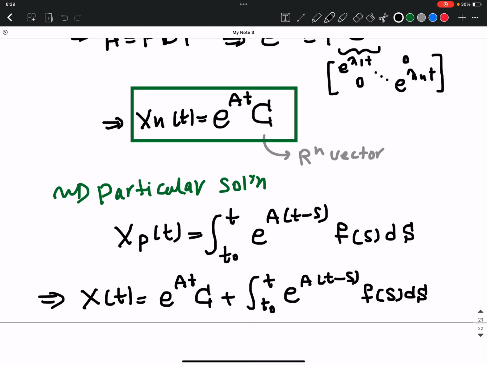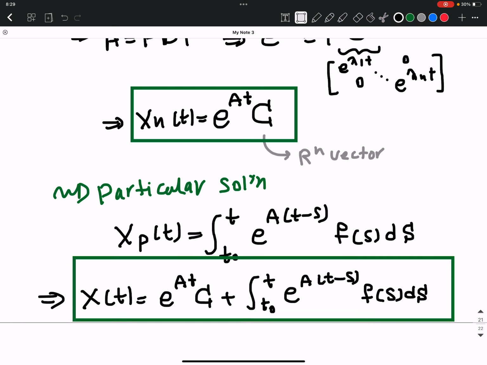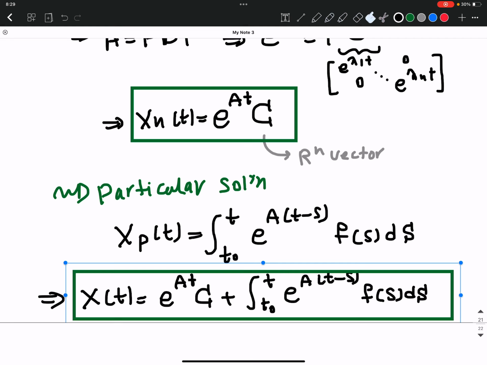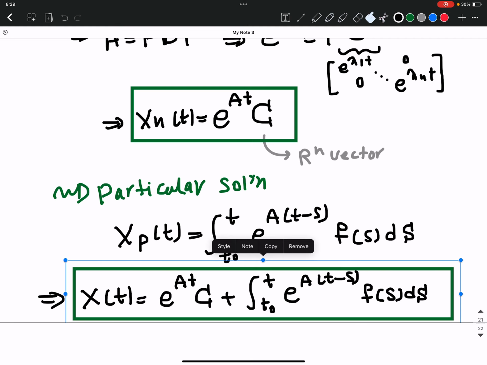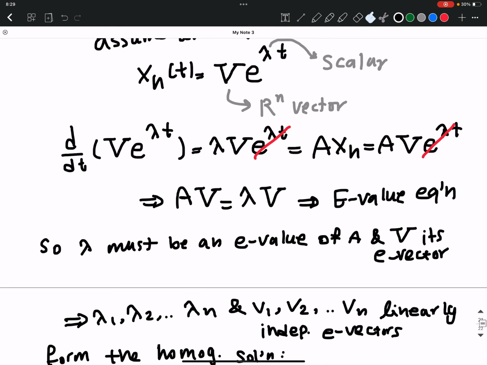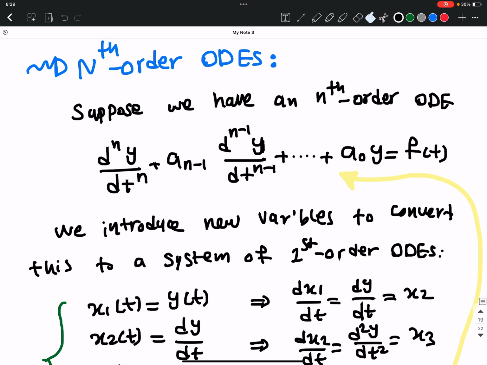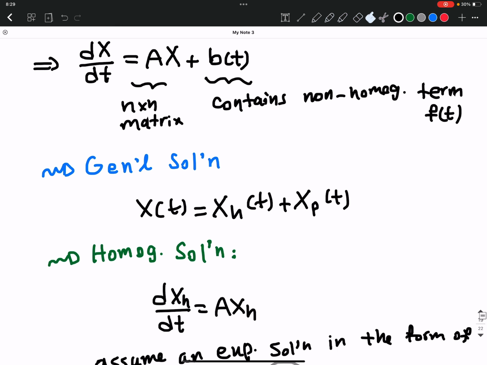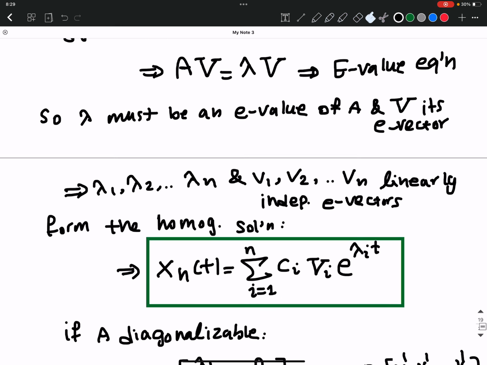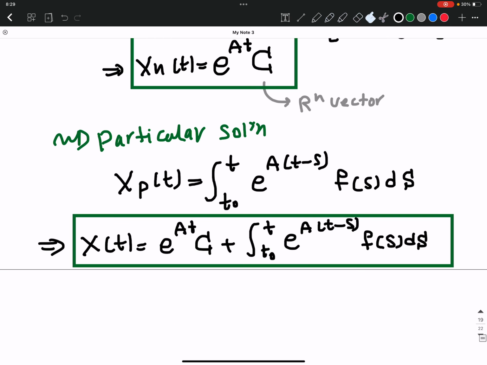Okay, so this would be my general solution for this linear system of equations. And this is very interesting because now you can solve any nth order ODE in a very simple way. We converted the nth order ODE into a system of linear ODEs, and then we can simply solve it with this general solution.